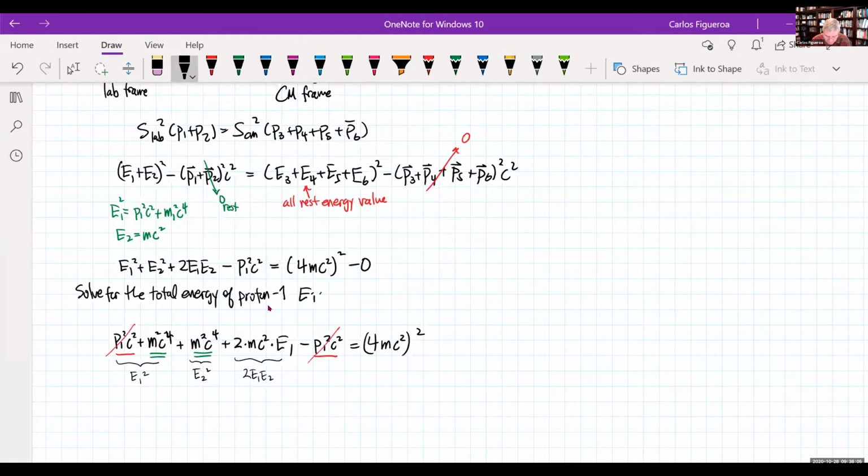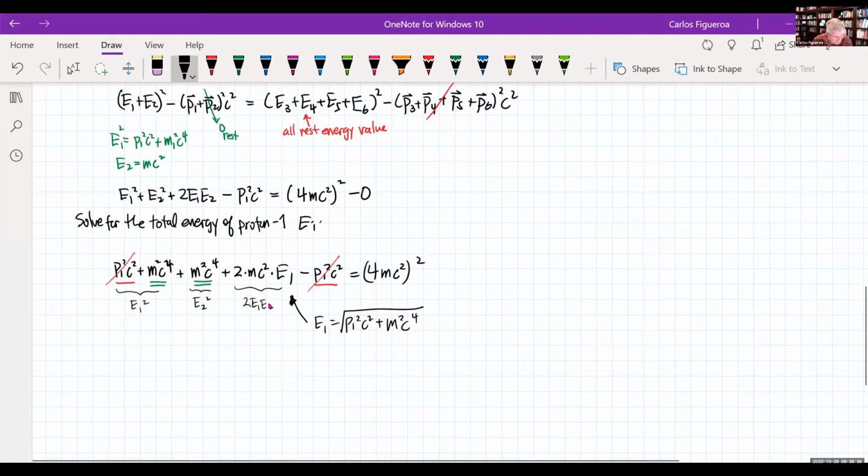So now you could see here that the reds, single underline, they cancel out. And then these guys add. But remember, here I have E1, but E1 is the square root of P1 squared plus M squared C to the fourth. So I still have to deal with that.